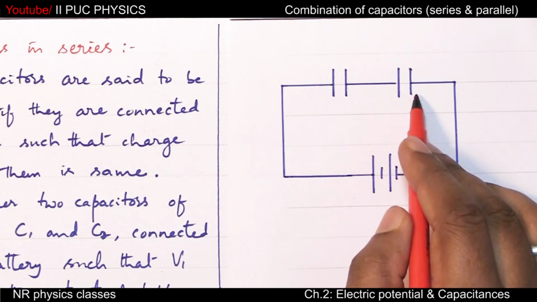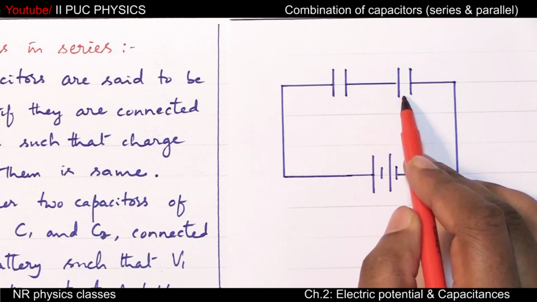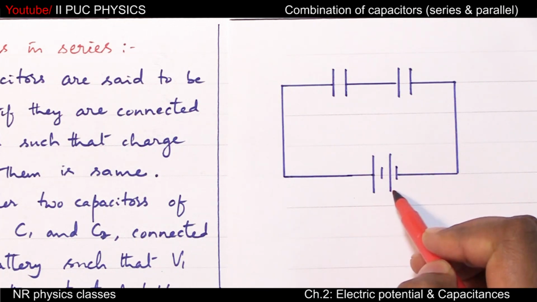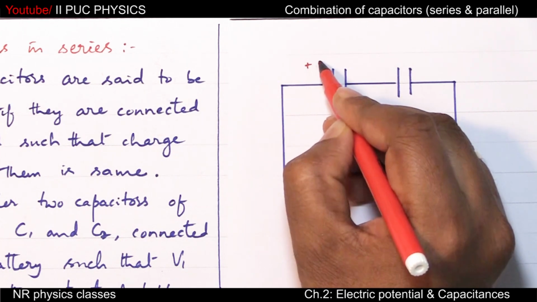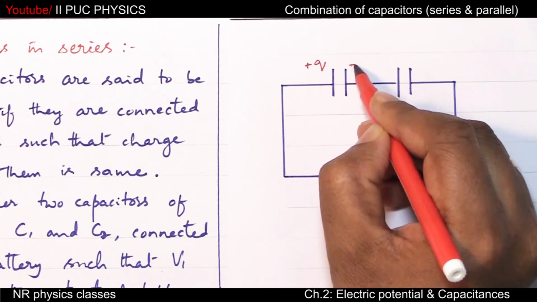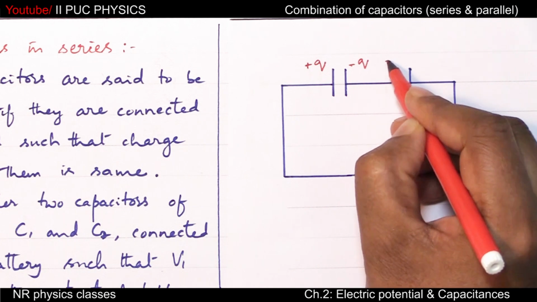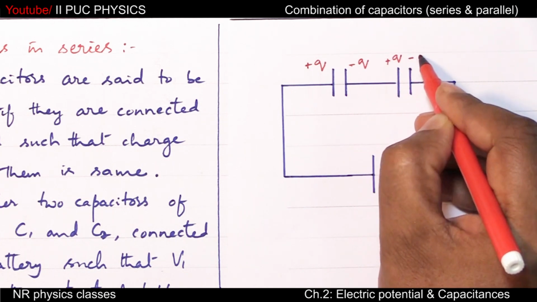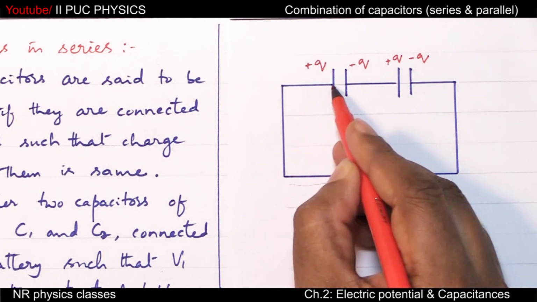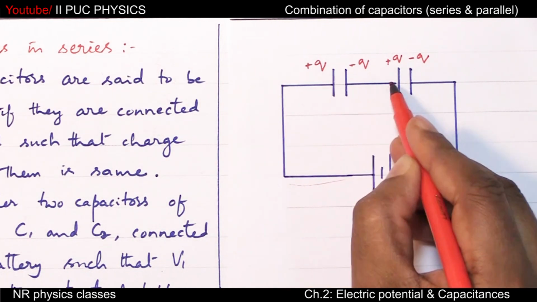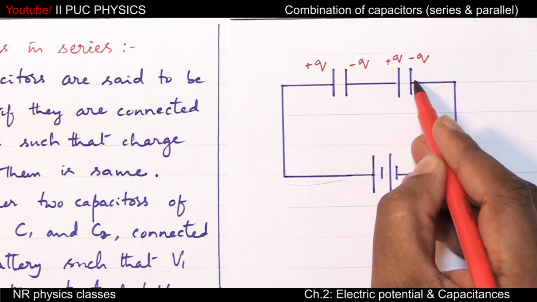These are two capacitors in series connected across this battery. Charge on each plate is plus Q, minus Q, plus Q, minus Q. This is positive, therefore this plate takes positive charge, the other takes negative.